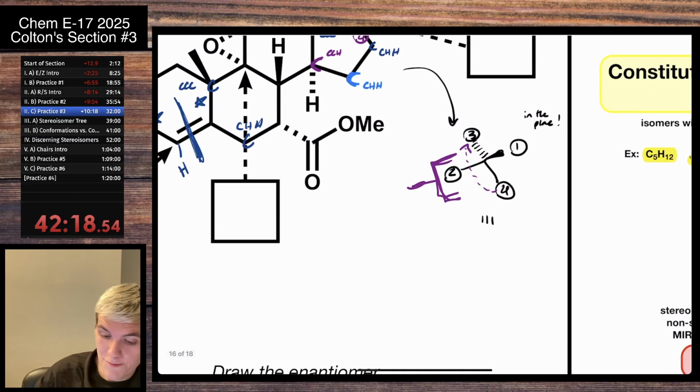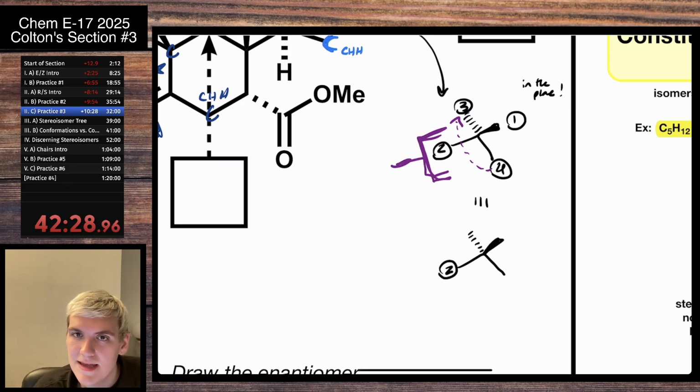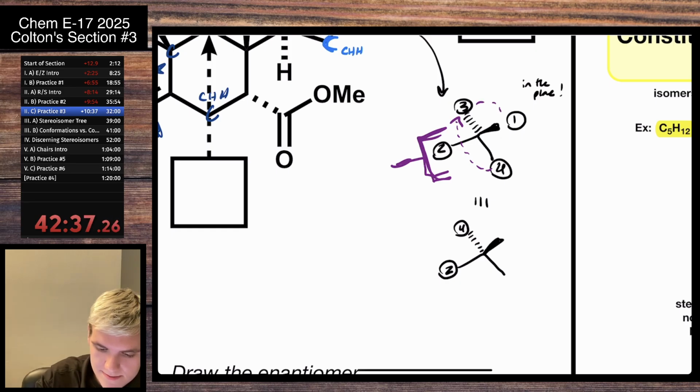So I'm going to redraw this one more time. Again, keeping the bonds in the exact same spots. 2 is what we're holding it by. And we're yeeting 4 over to the dash. So then we rotate around and 3 gets put on the wedge.